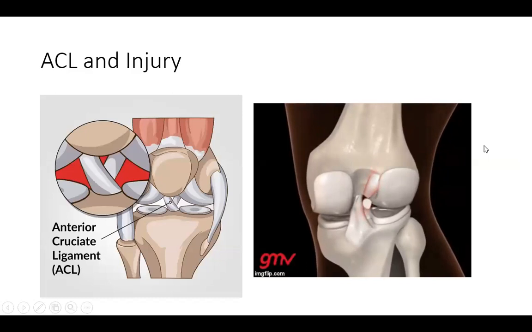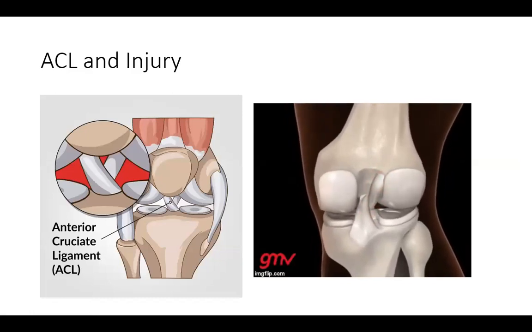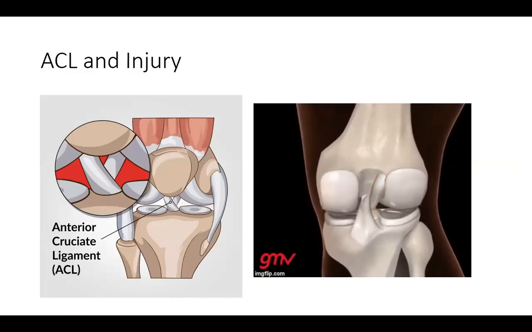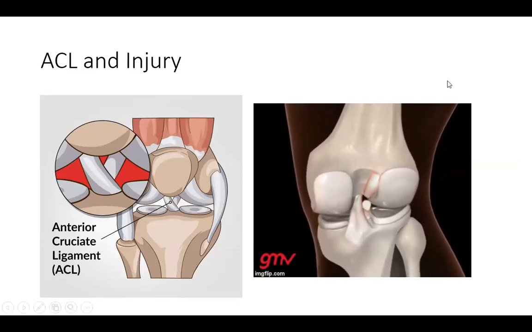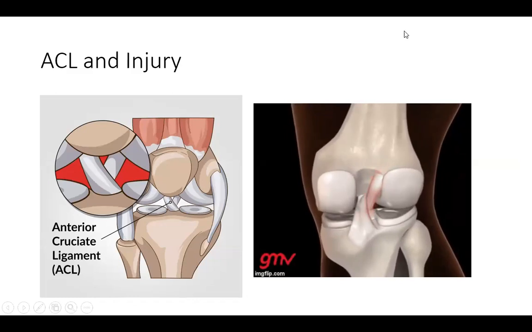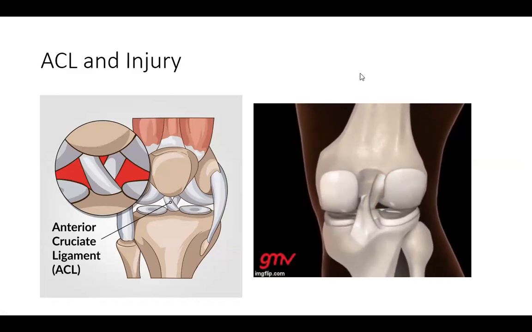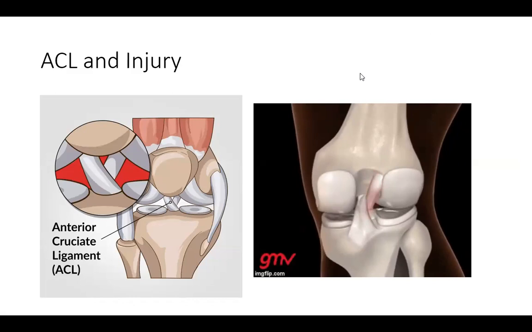It looks something like this. Forget the drawing, look at the animation here. There we go. This is the medial side here. This is the medial condyle, and this is the lateral condyle.